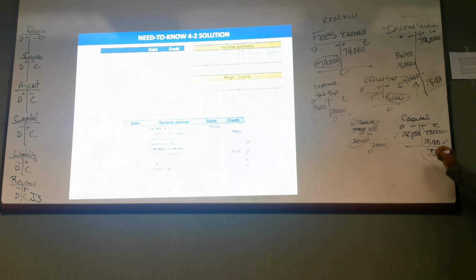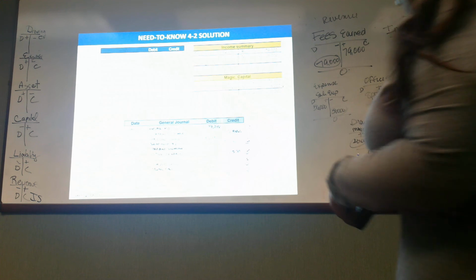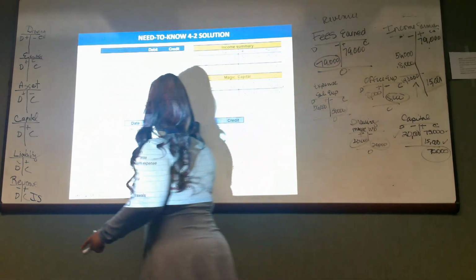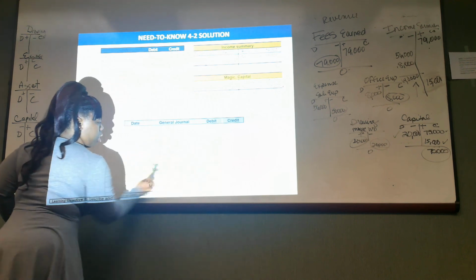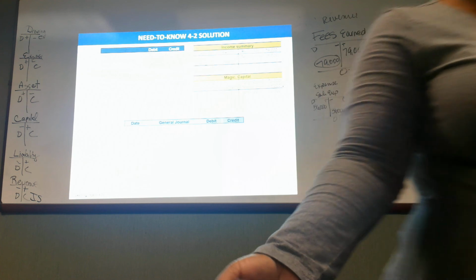So your $70,000 is still your balance. I'm going to erase our journal entries, which you did perfectly. She still has 70,000 in the capital.